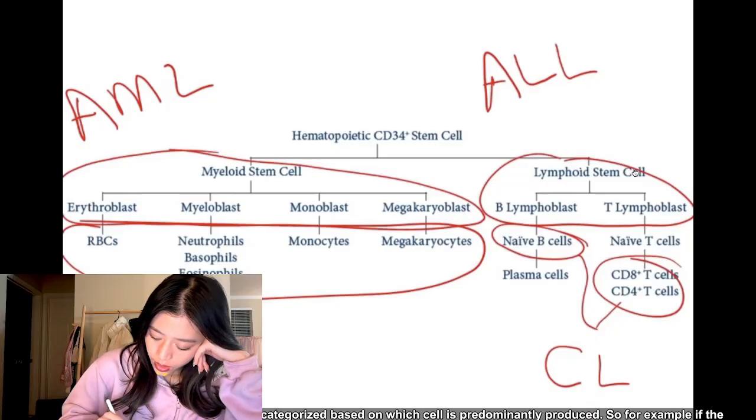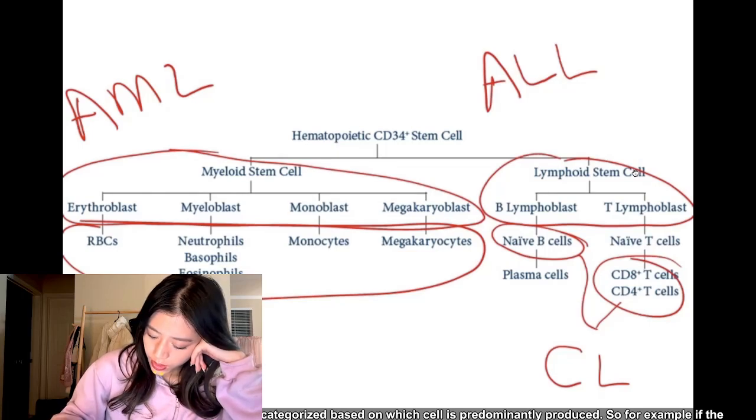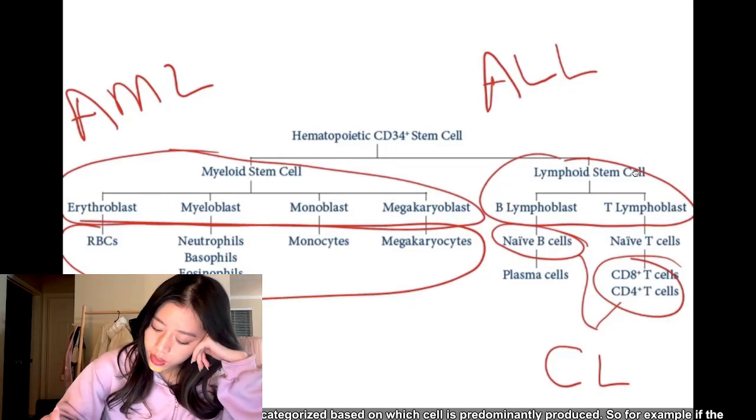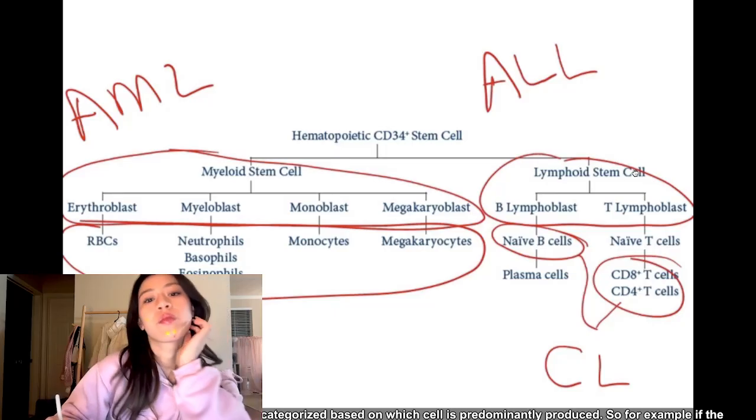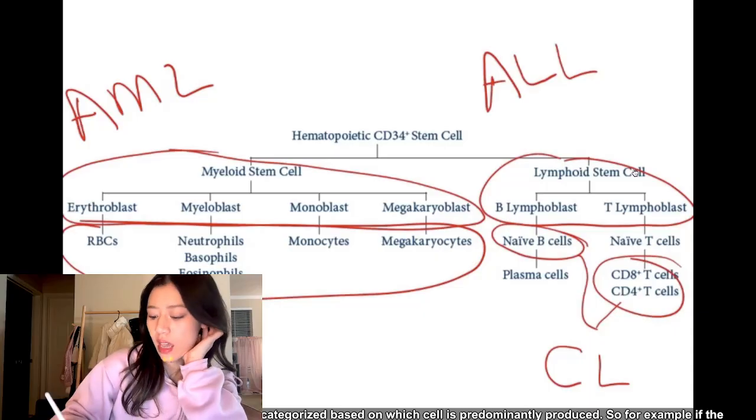Okay. So neoplastic proliferation of the myeloid stem cells, or the immature myeloid cells. All the blasts is AML.